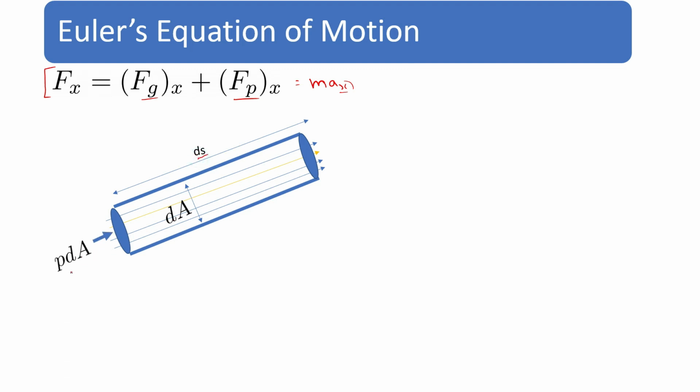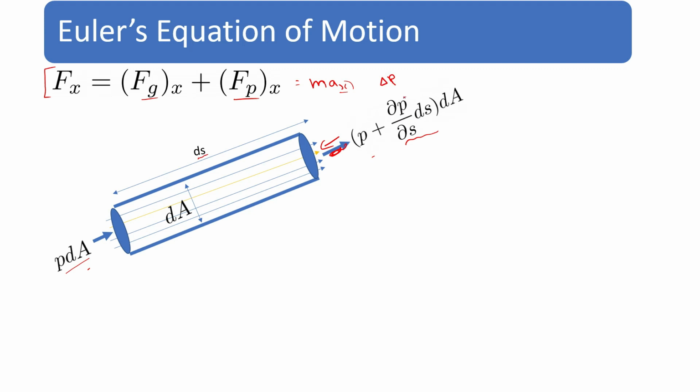So the pressure force acting on this side will be P into dA, and the pressure force acting on the other side, in this direction, will be P plus dou P by dou S into ds, into dA. This quantity dou P by dou S into ds is actually delta P, the change in pressure when you move from this position to this position. So it can be positive as well as negative.